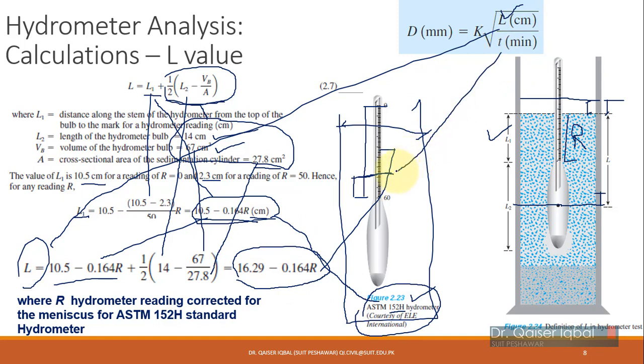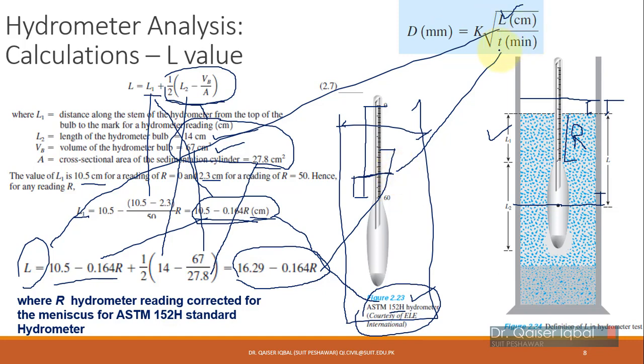You will have a stopwatch, and you will be taking readings at 2 minutes, 4 minutes, 8 minutes, then 15 minutes, 30 minutes, 1 hour, 2 hours, 4 hours, 8 hours, and then the last reading you will be taking at 24 hours. So for one hydrometer analysis, you will be taking readings up to 24 hours.